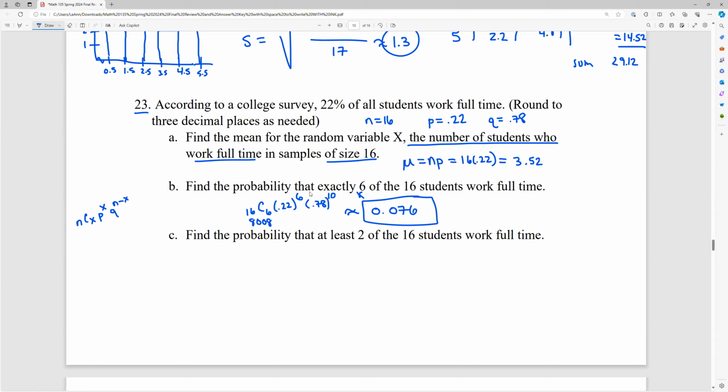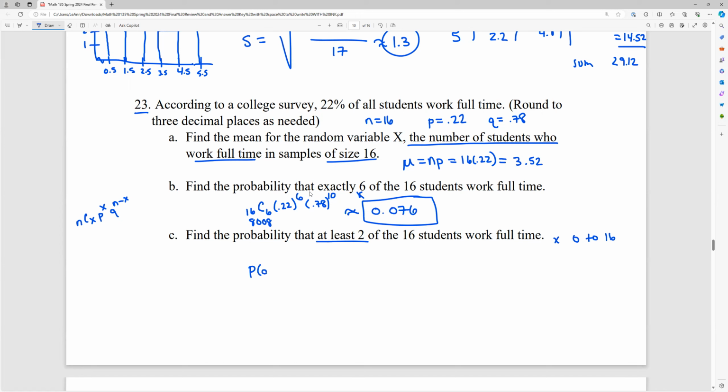Okay. Now it says find the probability that at least 2 of the students, at least 2 means 2 or 3 or 4 or 5 or 6 or 7 or 8 or 9 or 10, all the way up to 16. I don't want to calculate that. So if X can go from 0 to 16, either no one's working full time or everyone is, I would use the complement here.